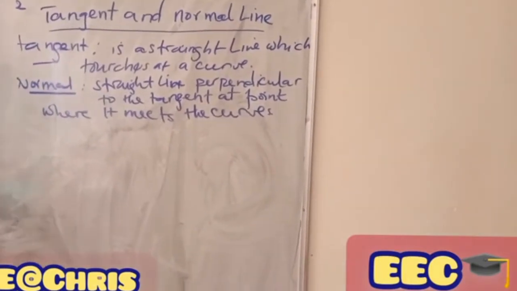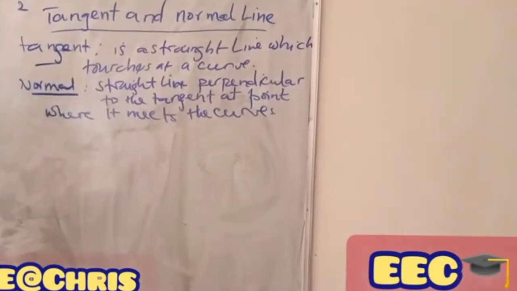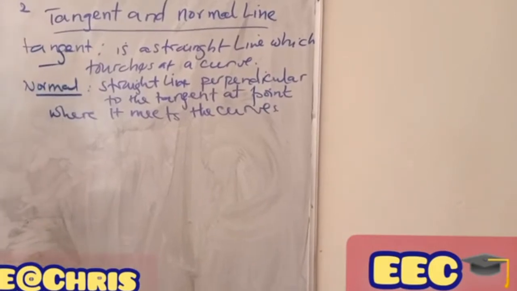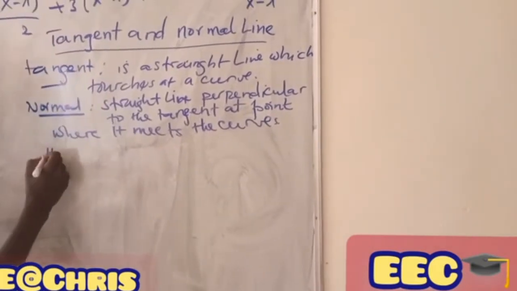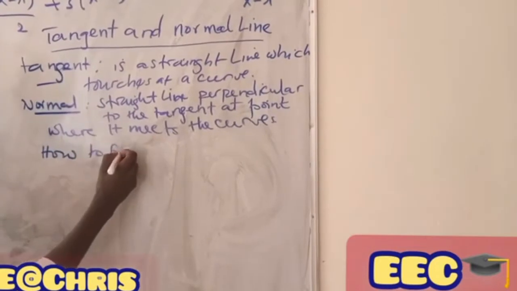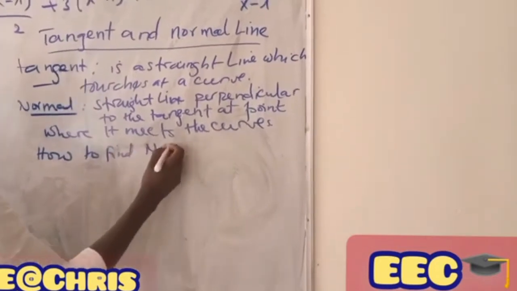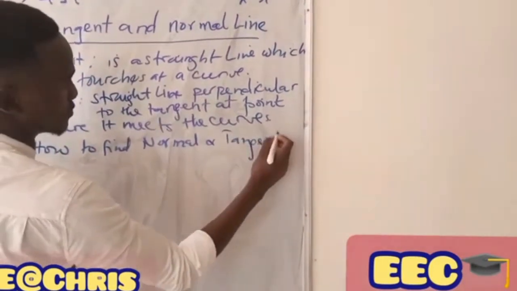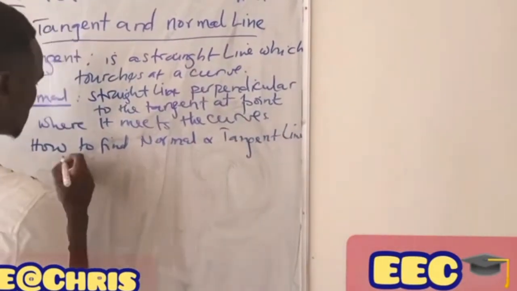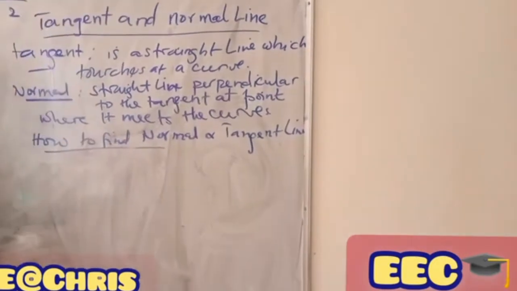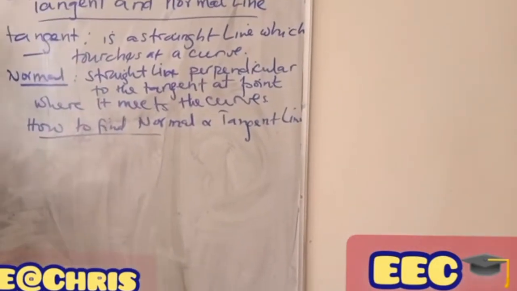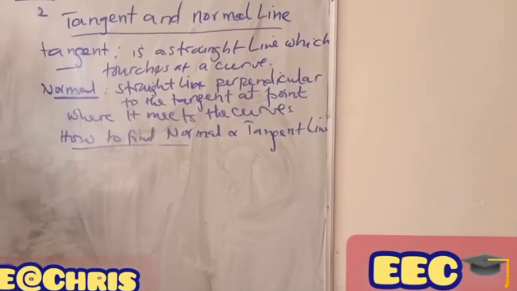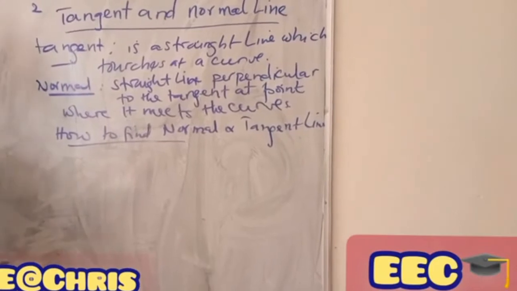So let us see how we can calculate the normal line and the tangent with examples. How to find normal and tangent. In the process of finding the tangent and normal, there are formulas used to calculate them.